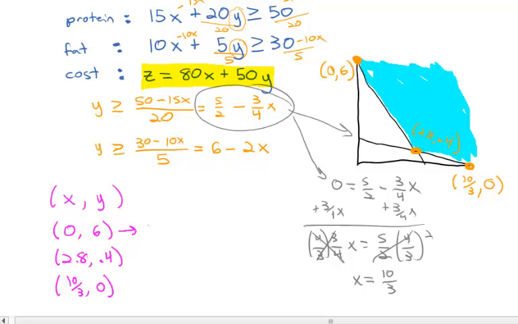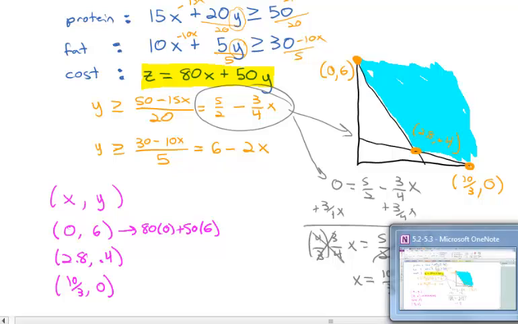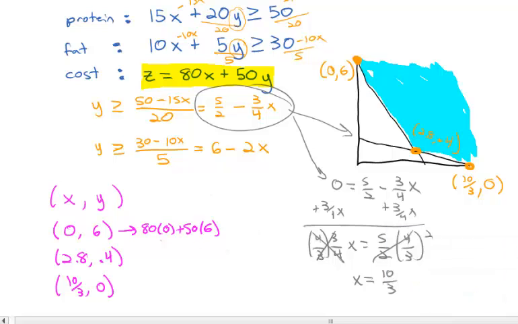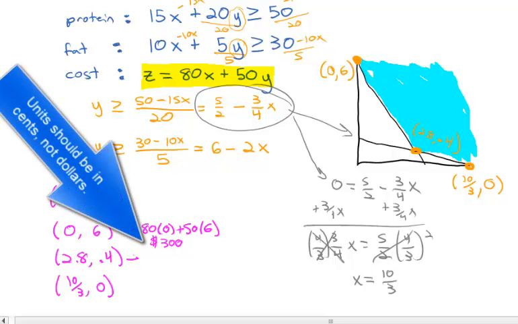So 80x, 80 times 0 plus 50y, 50 times 6. 80 times 0 is 0. 50 times 6 is 300. So that's our cost with the 0, 6 option. 2.8, comma 0.4, we have 80 times 2.8 plus 50 times 0.4.